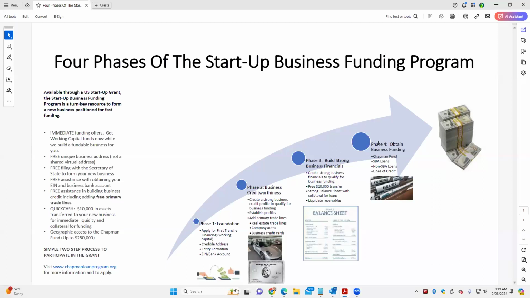So certainly then we get over to phase 4. Now we're ready to apply for business funding. Why? Because we have a fundable business. People will sometimes say, well, why don't we just go straight to phase 4? Great. If you have a fundable business, sign up with us. They can sign up. And if they want to go immediately to business funding, fine with us.